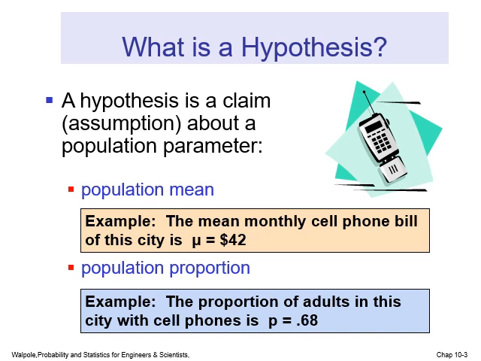For example, the proportion of adults in the city with cell phones is 0.68, which means we compare the population size and how many adults use cell phones, and we get a population proportion of about 0.68.